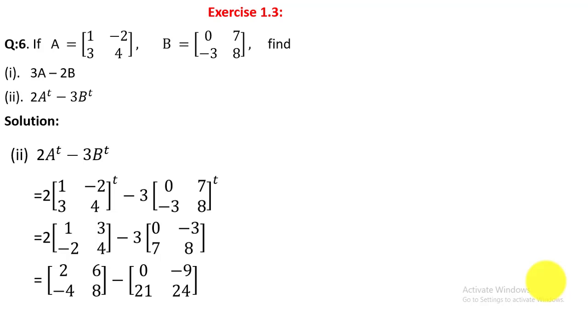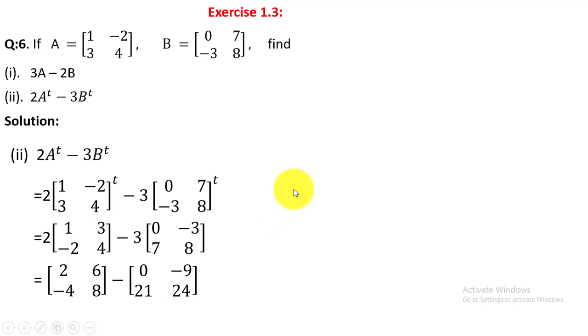Minus 3 multiplied with every element of the given matrix: 3 multiplied with 0 becomes 0, 3 multiplied with -3 becomes -9, 3 multiplied with 7 becomes 21, and 3 multiplied with 8 is equal to 24.